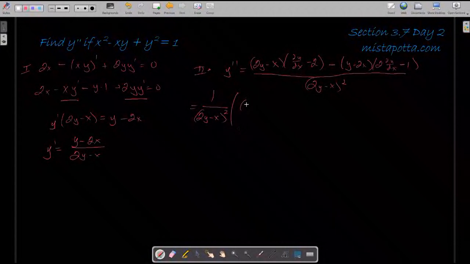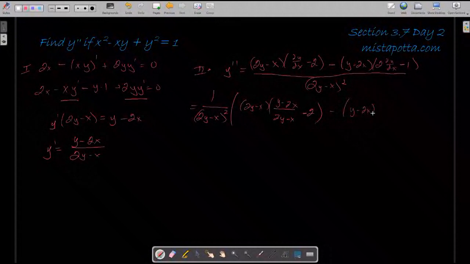So I'm going to have 2y minus x times y minus 2x over 2y minus x minus 2, minus y minus 2x times 2 times this fraction, y minus 2x over 2y minus x minus 1.